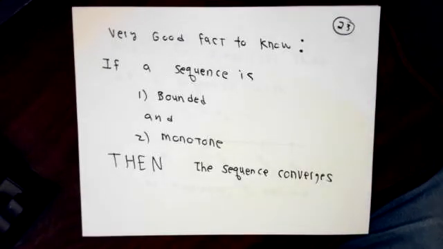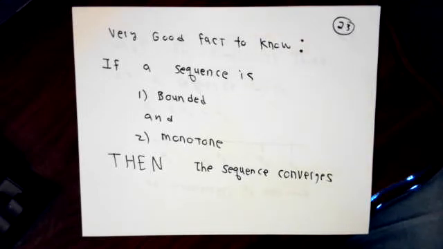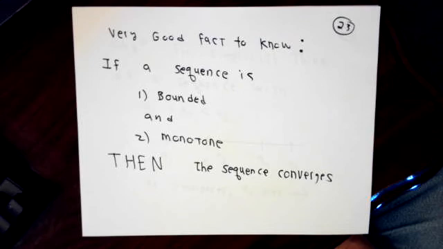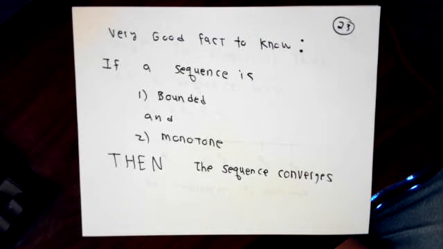We're going to use these two ideas, bounded and monotone, combined to figure out a fact that's very good to know about. Suppose you've got a sequence. The sequence is firstly bounded and also monotone. Then there's a conclusion that you can draw. The sequence converges. So bounded and monotone implies convergence.